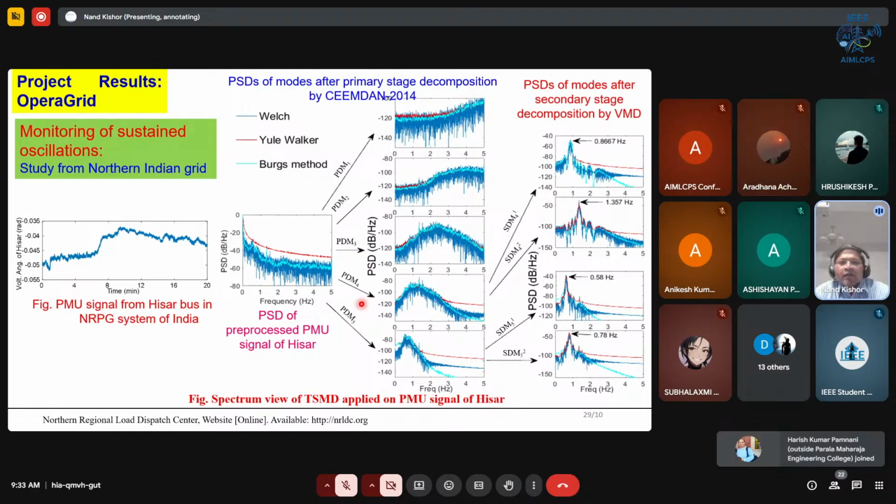This is applying the pre-processing of the signals, and here refers to the spectra for different levels. Out of those, we applied the BMD technique, and we were able to indicate the different modes which are present in the actual signals here.